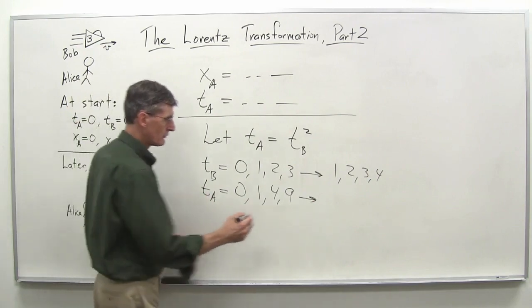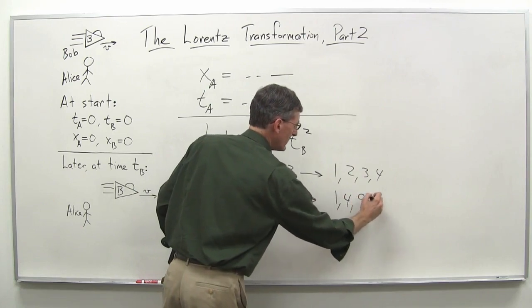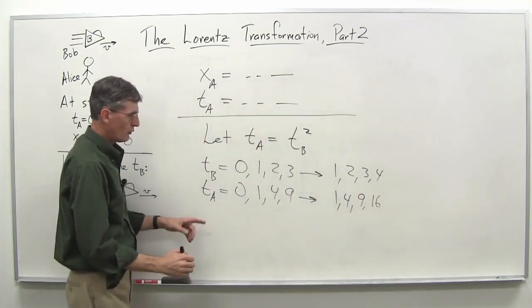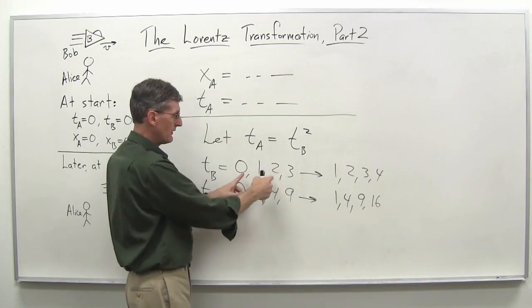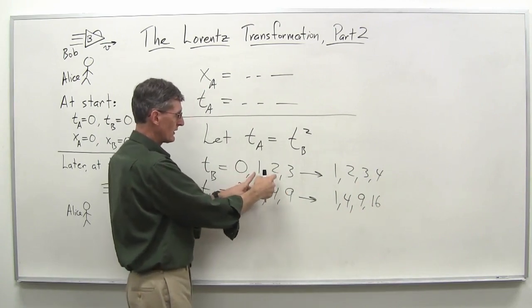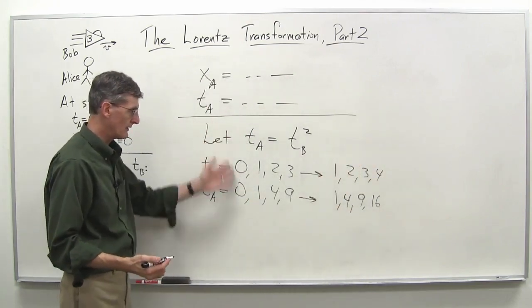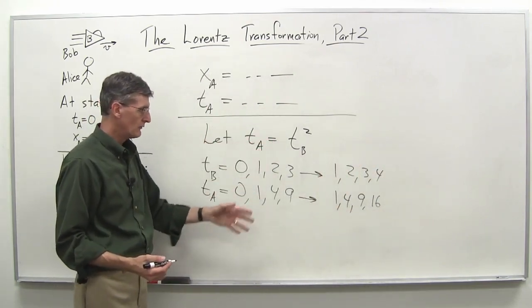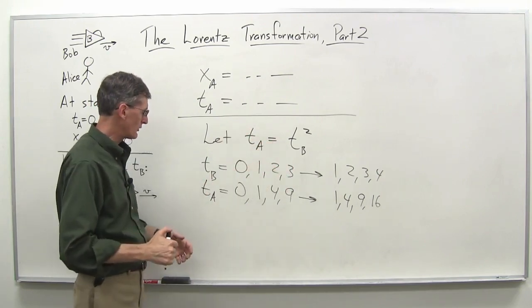Then it becomes 1 squared, 4, 9, and 16. Whereas with Bob, the time between each event is still the same, 1 second, 1 second, 1 second. No change between events at 0, 1, 2, 3 versus 1, 2, 3, 4. Just moving the origin for our time scale.